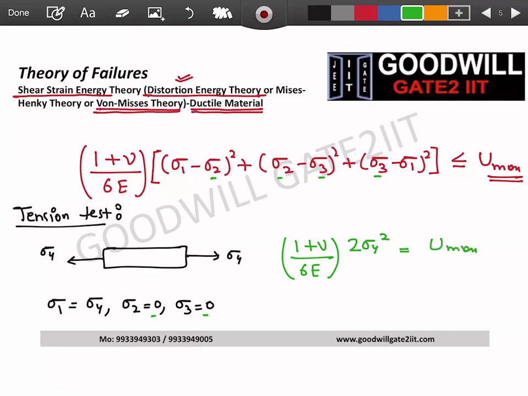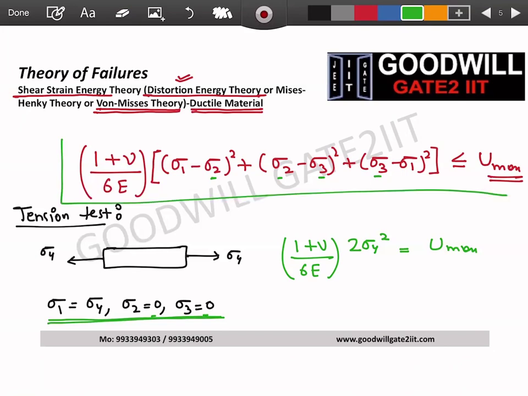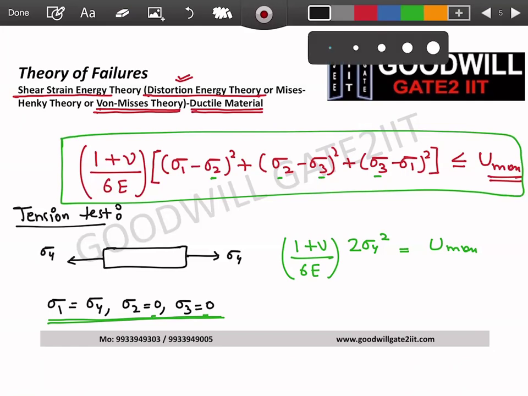So what I have done is taken these values and applied them in this equation, and I got this expression. So the tensile test has given us an important expression for distortion energy.